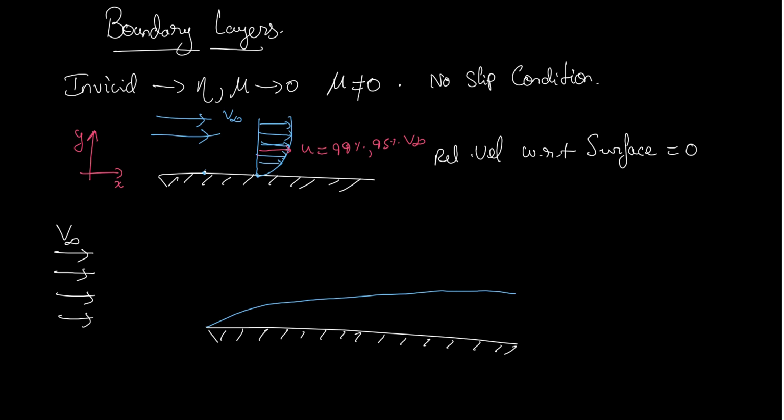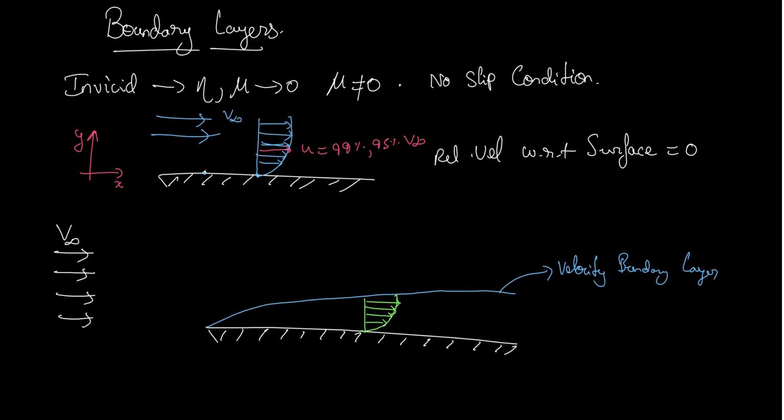So this is called the velocity boundary layer, and this has a velocity profile, which looks like this. We call this a profile, and we have a gradually increasing velocity which finally attains the free stream velocity.